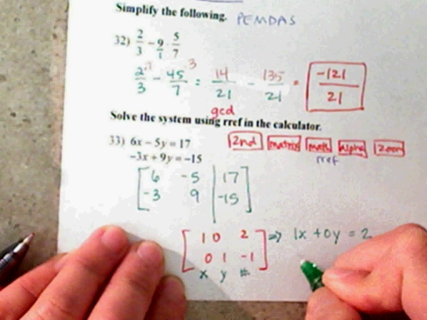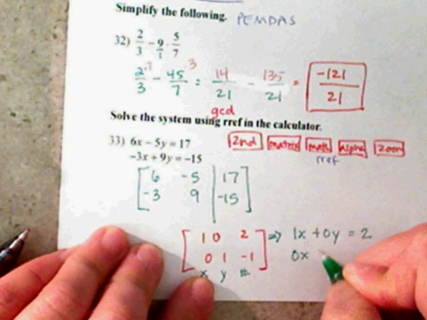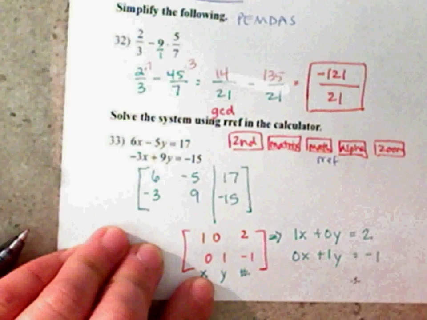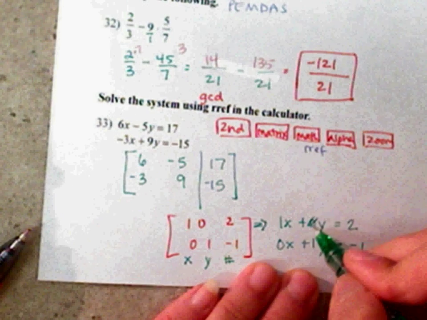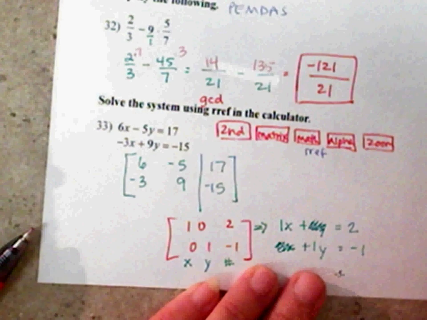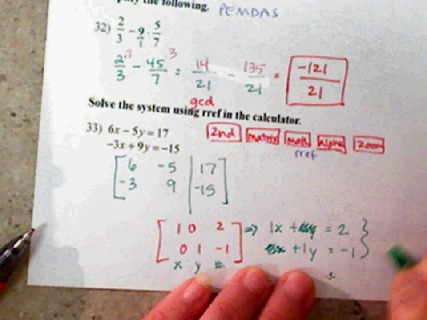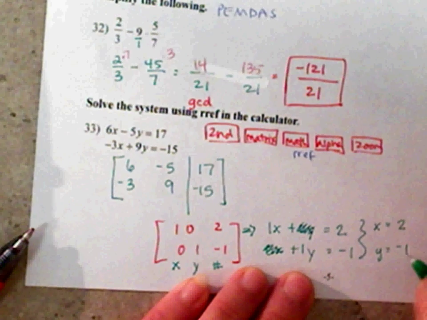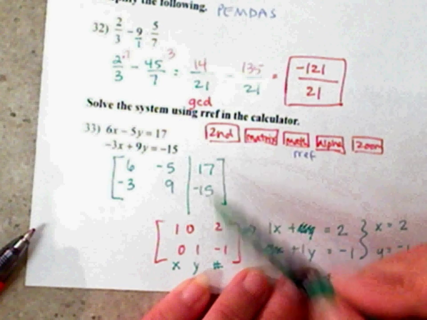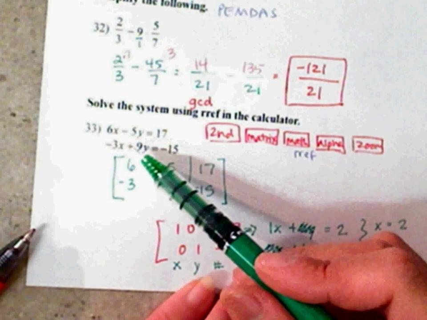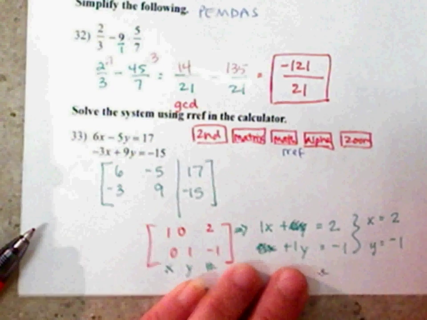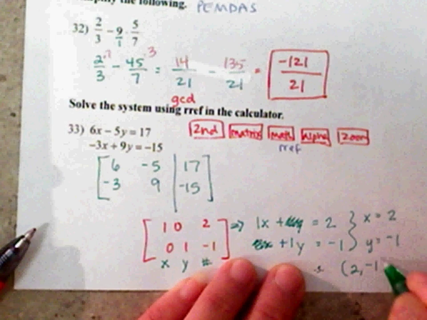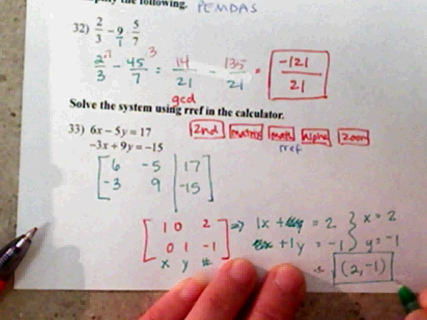The second one says 0X plus 1Y is equal to negative 1. 0 times any number is just 0, okay? So therefore, this is saying X is equal to 2 and Y is equal to negative 1. And you know this is X and Y because that's how it is right here on your paper. And your ordered pair is 2, negative 1. And there's your RREF.